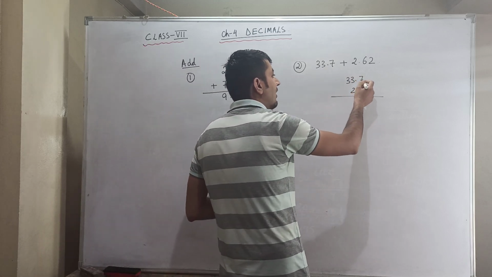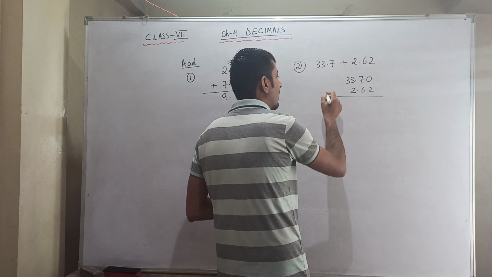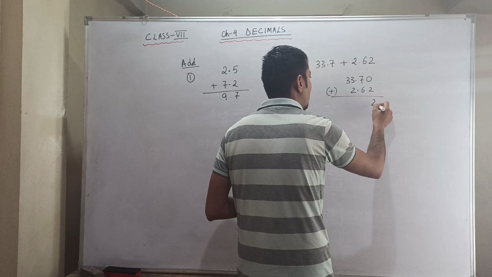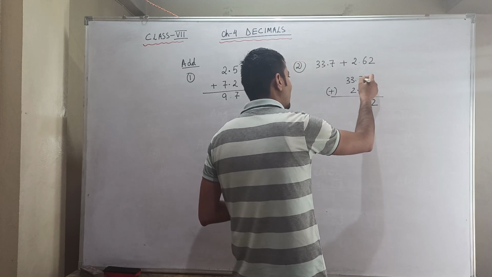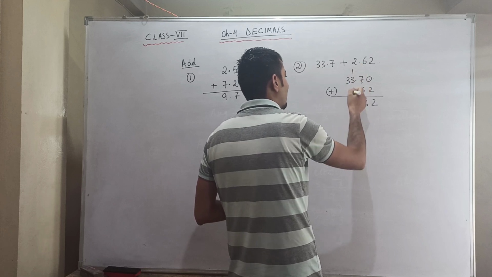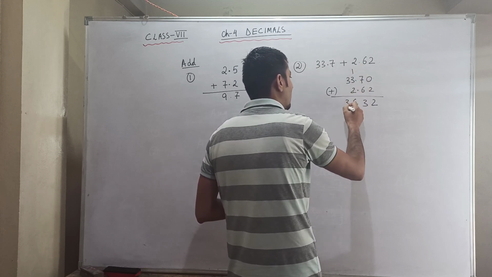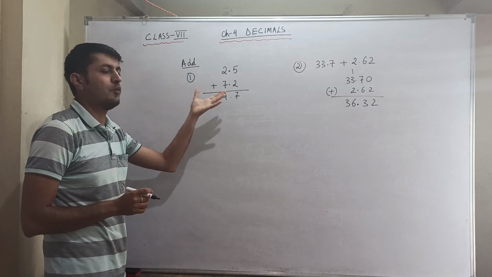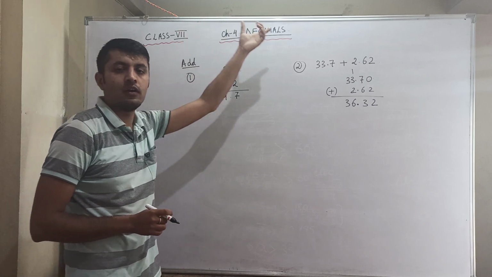After 7 nothing is there, so you can put 0. Now you add: 0 plus 2 is 2. 6 plus 7 is 13, write 3 and carry 1. 3 plus 3 is 6, plus the carry makes 36.32. This is how you perform addition of decimals.